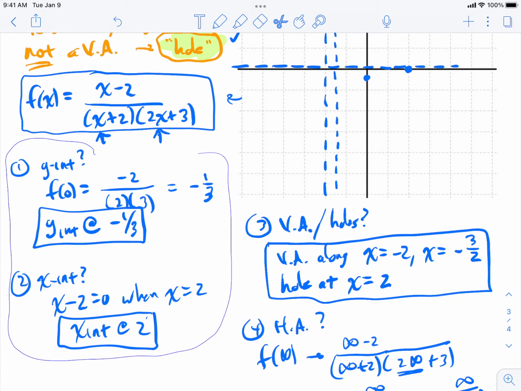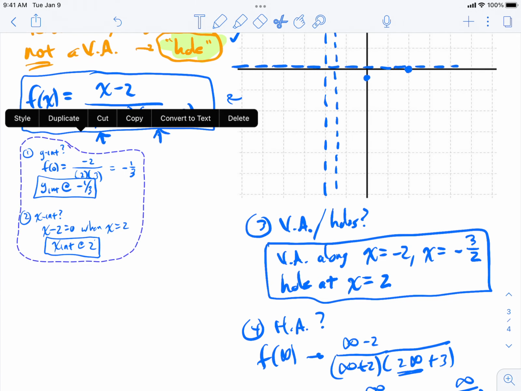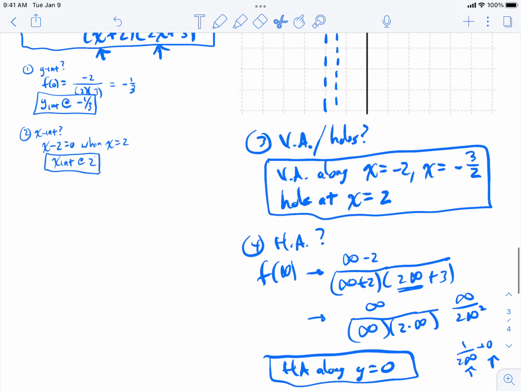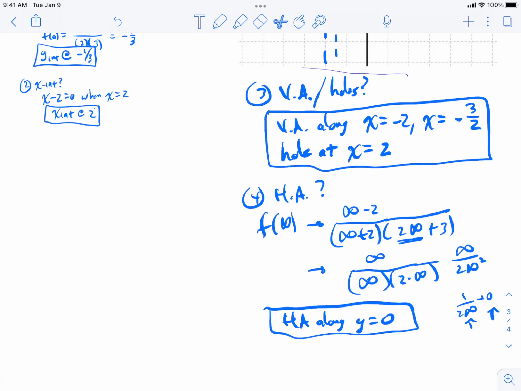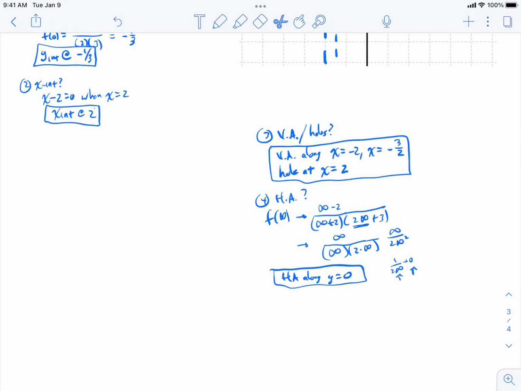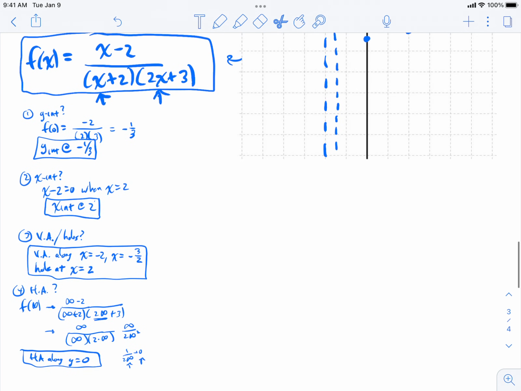Shrink it good. And then let's take all of this stuff over here and shrink it down. In fact, I'm going to shrink it and move it over here. You gotta love tablets, man.